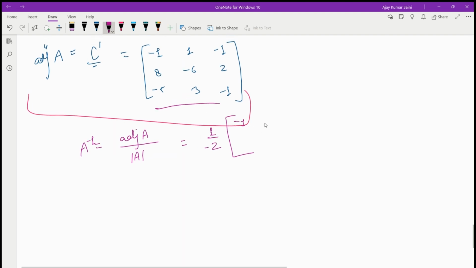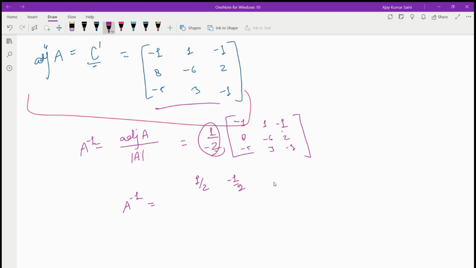So this matrix is minus 1, 1, minus 1, 8, minus 6, 2, minus 5, 3, minus 1. Okay, so now I multiply this term inside. So A inverse is equal to, it is minus and it is minus, so plus 1 by 2, then minus plus, minus 1 by 2, minus plus 1 by 2, it is 8 by 2, so minus 4.